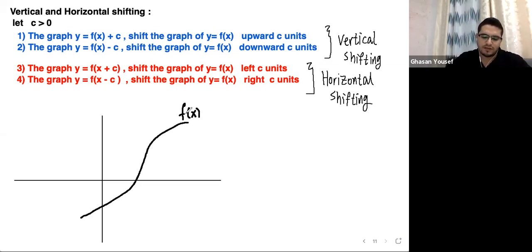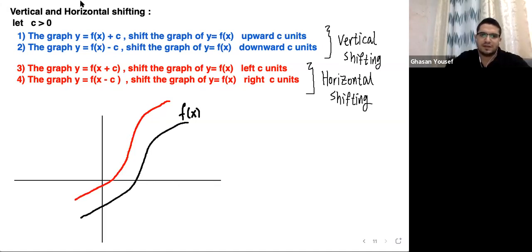And I need to graph the function f of x plus 5, plus 6, or any c number. If I need to graph the function f of x plus 5, I have to shift this function upward c units, depending on the value of c. So it's going to be something like this.